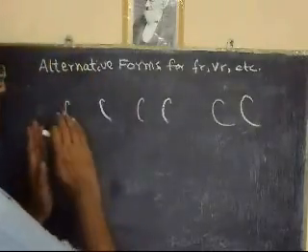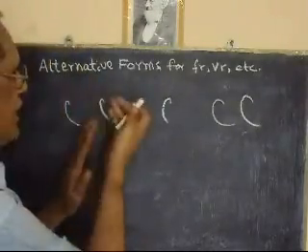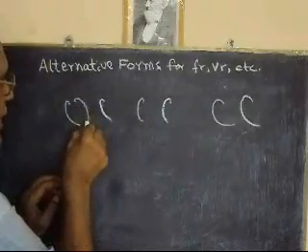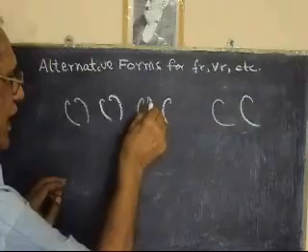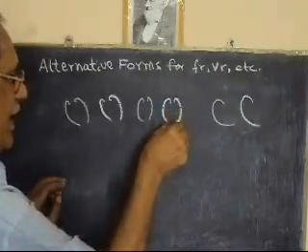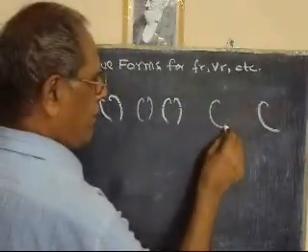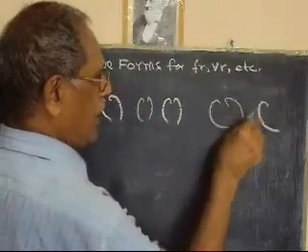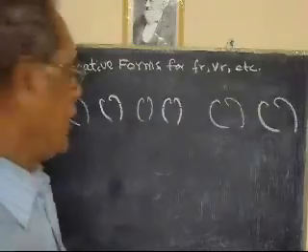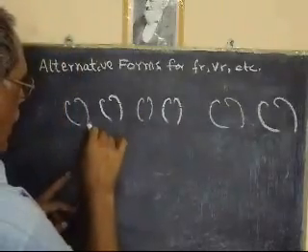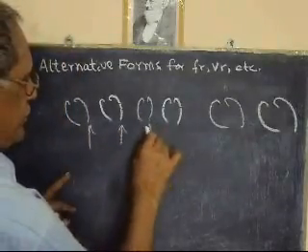You see, just turn this. Far, var, thar, dar, fal, val. So these are alternative forms.